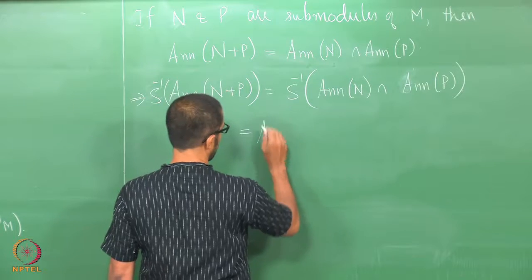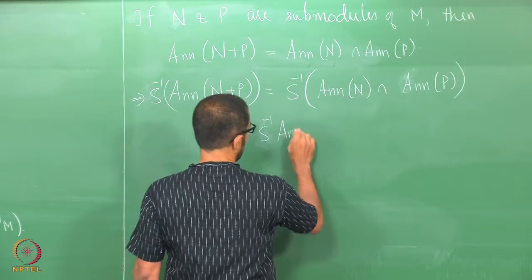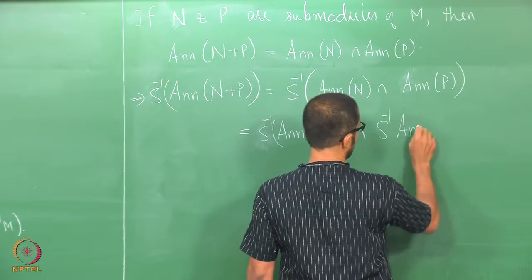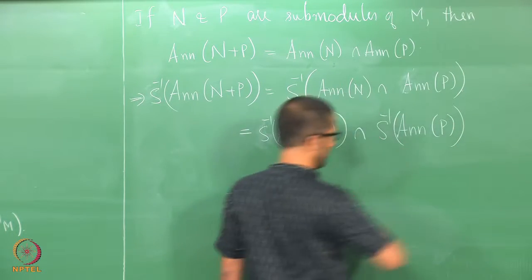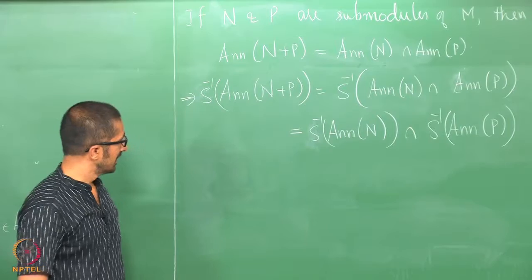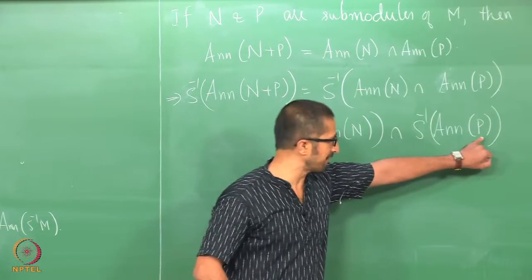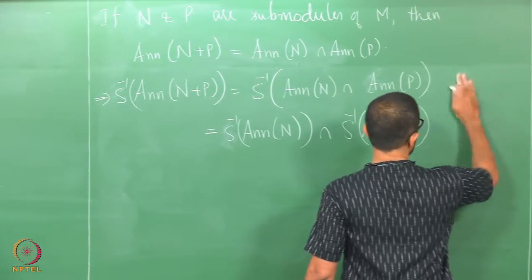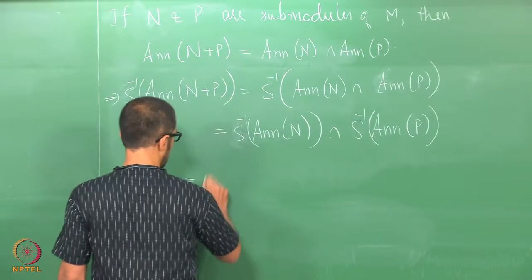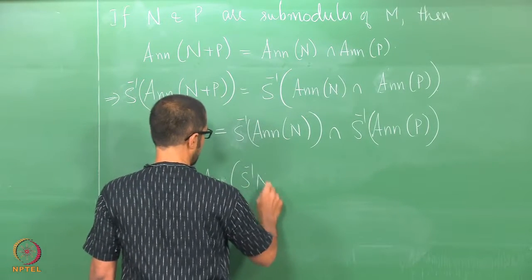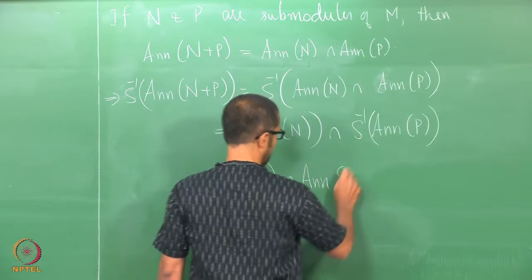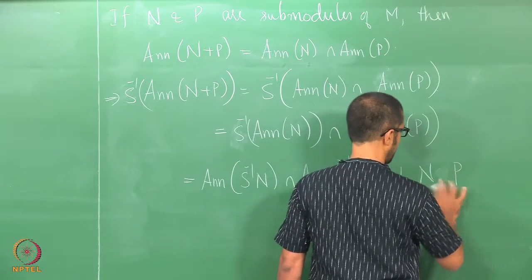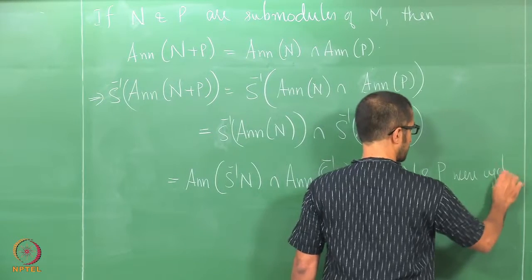So, therefore, this is equal to S inverse of the annihilator of N intersection S inverse of the annihilator of P. Okay. Now, if N and P were cyclic modules, so this is equal to the annihilator of S inverse N intersection the annihilator of S inverse P, if N and P were cyclic modules.